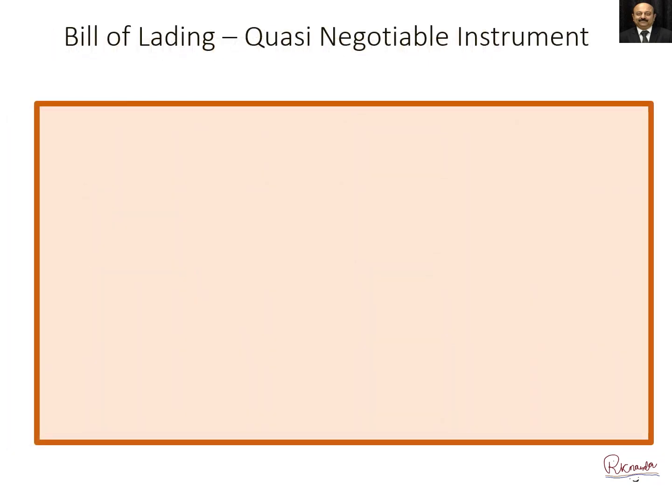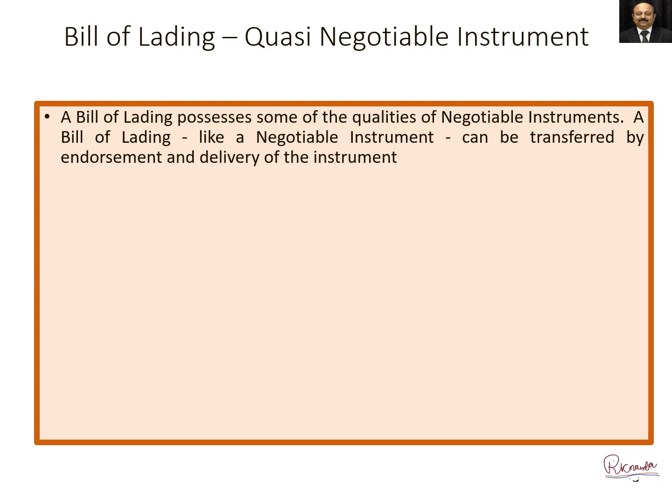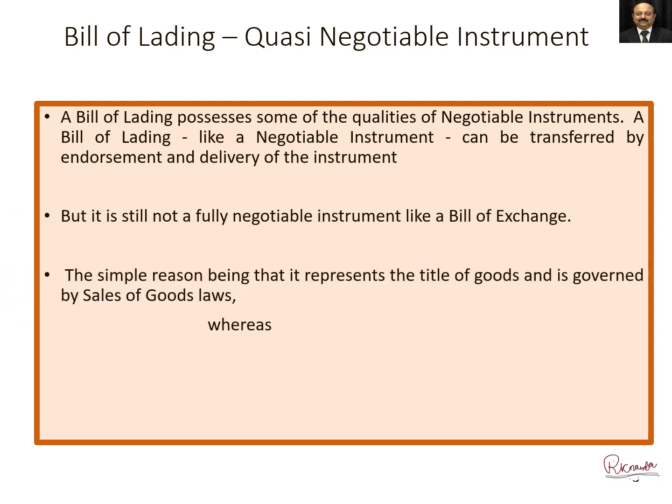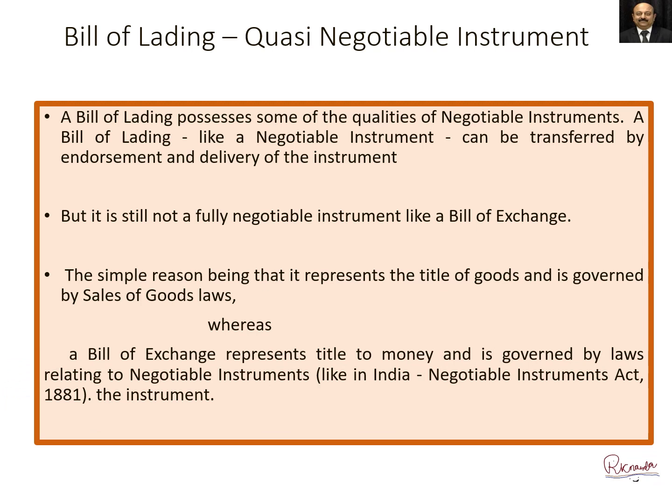Then, as I narrated in the previous slide, the bill of lading has quasi-negotiable properties, which means that it is not fully negotiable. So a bill of lading possesses some of the qualities of negotiable instruments, which means it can be made transferable by endorsement and delivery, but it is not tradable.